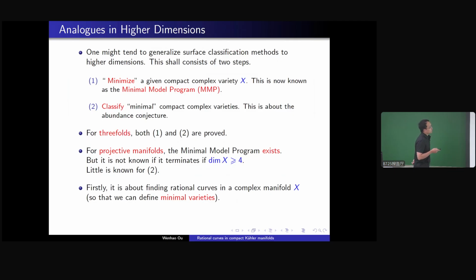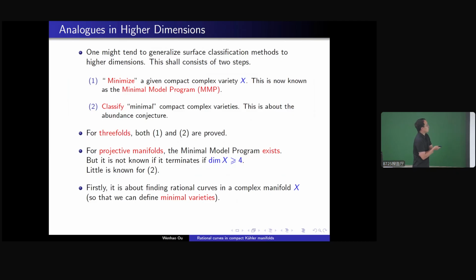This is known as the minimal model program, MMP for short. And if this is successful, if we find a minimal representative in this birational class of the given variety, then we want to classify the minimal varieties. For this part, this is about the famous abundance conjecture.